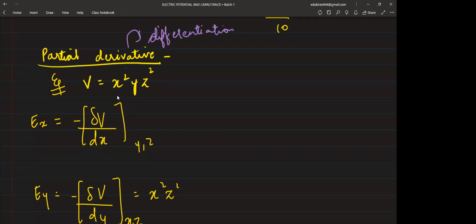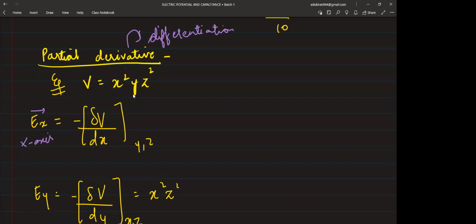E x means for the x-axis. Now, in our normal differentiation, we just write the constant terms first, multiply with the exponential power and then subtract 1 from the power. This is how we solve. So in x square y z square, nothing is a constant term. Every term is a variable. So like this, you will be getting questions.